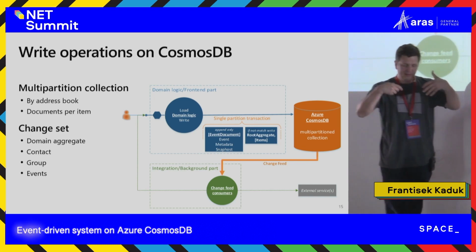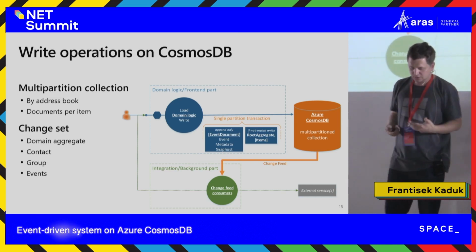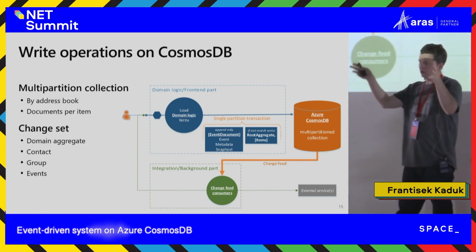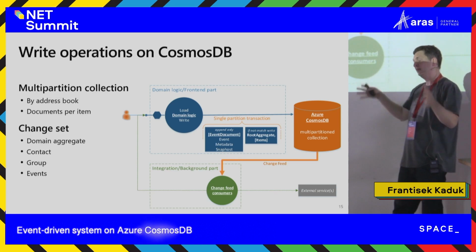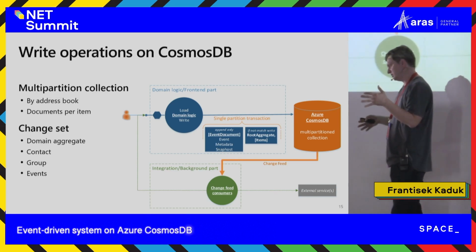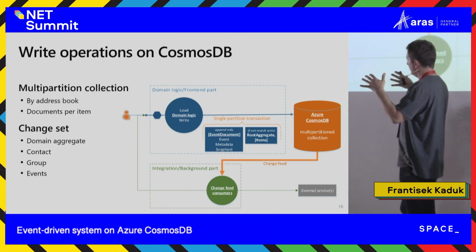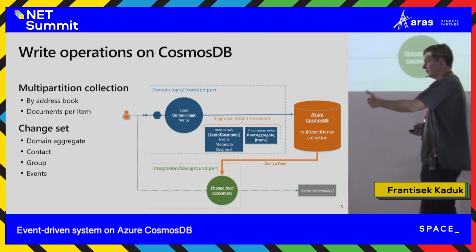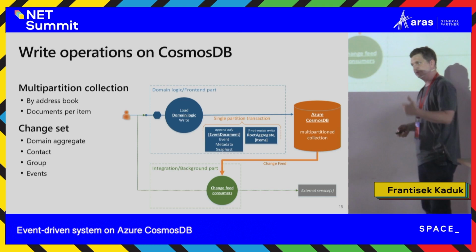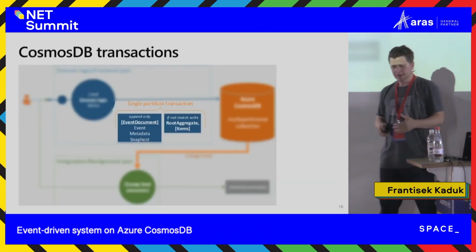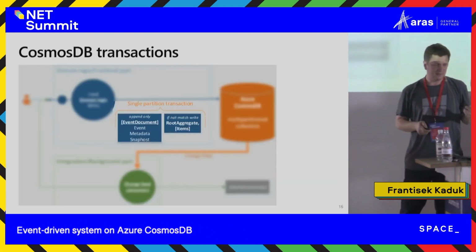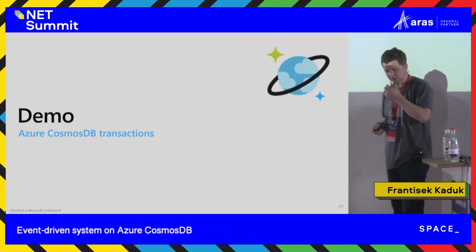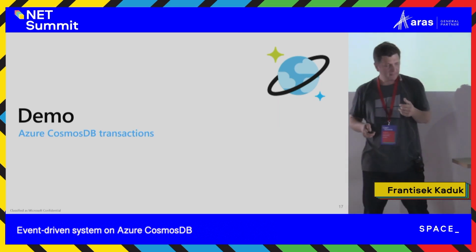And when we do some change, we store it inside one transaction. So inside one transaction we store not only these items but also these events. And now we will be going through each of these parts of the system, so we will see how it's working. So let's look at the first part, which is CosmosDB transactions.